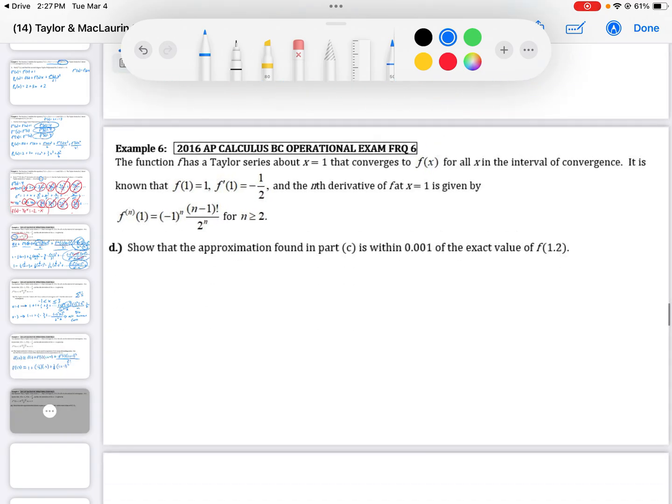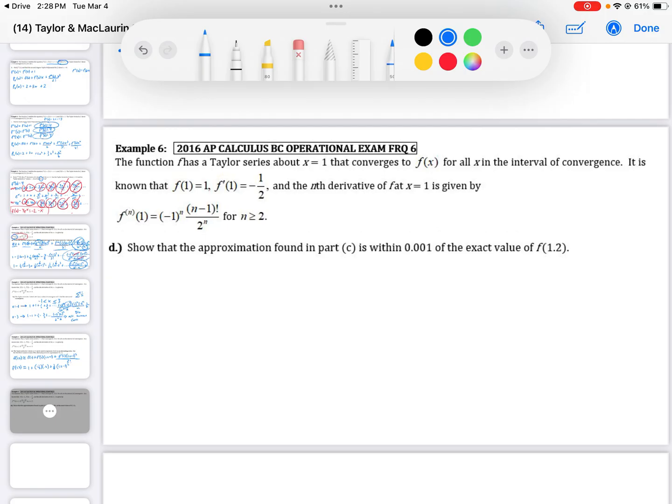All right, last one. Show that the approximation found from part C is within 0.001 of the exact value. Whenever I see "show that the approximation is within," that's either going to be an alternating series error bound, or it's going to be the Lagrange error bound.